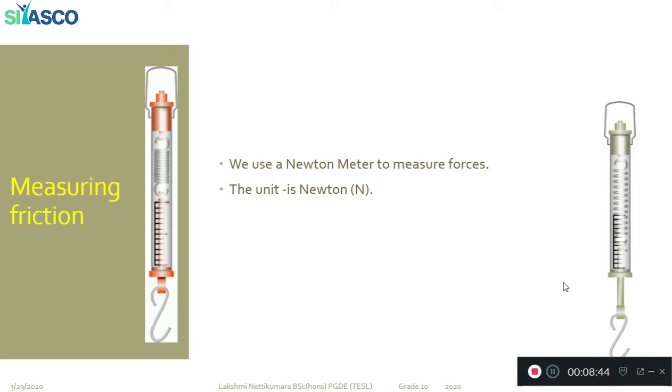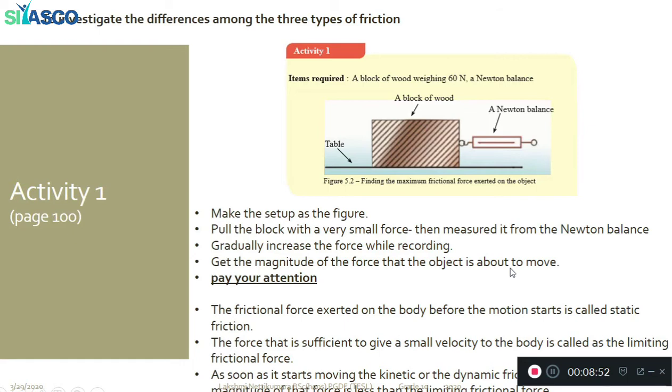Here we can use the Newton meter to measure force, and the unit is Newton. Now we want to investigate the differences among the three types of friction to get a better understanding. Let's do this activity.